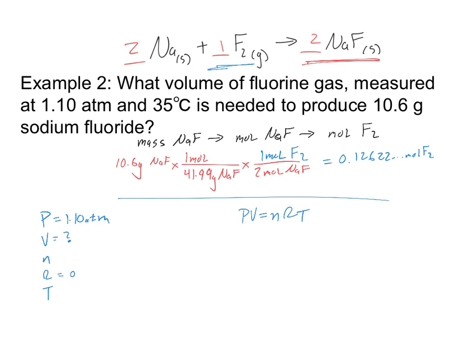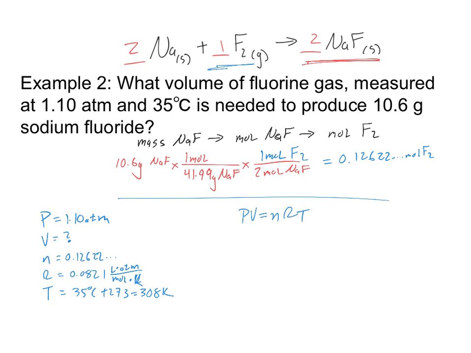We know that R is 0.0821 liters atm per mole per Kelvin. And we know that the temperature is 35 degrees Celsius plus 273, so 35 plus 273 is 308 Kelvin. And now the number of moles is going to be the 0.12622... from above. So I'm going to be solving for volume in this case.